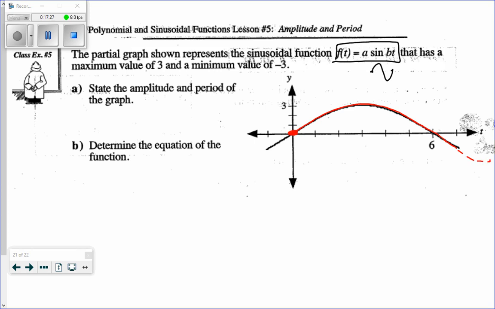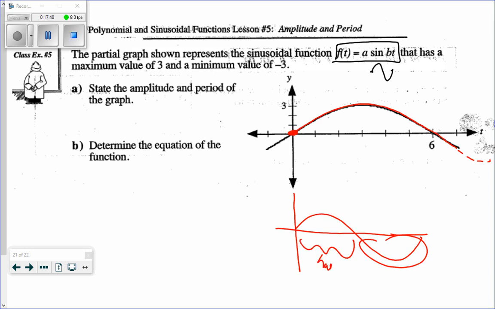It doesn't show us the rest, right? So what we're trying to find is this. It didn't give us that part. But here's what you know. This is half the wave. And half the wave went from 0 to 6. So how big's the other half going to be? Another 6.